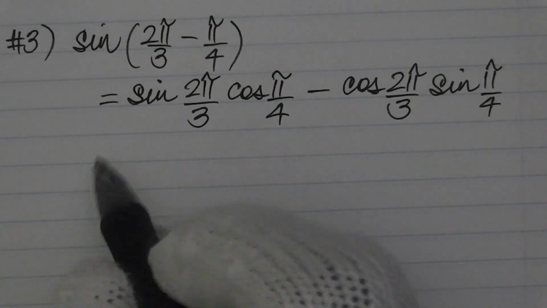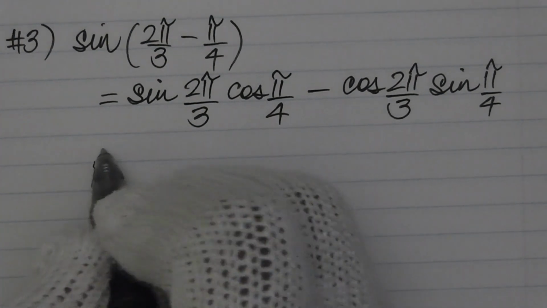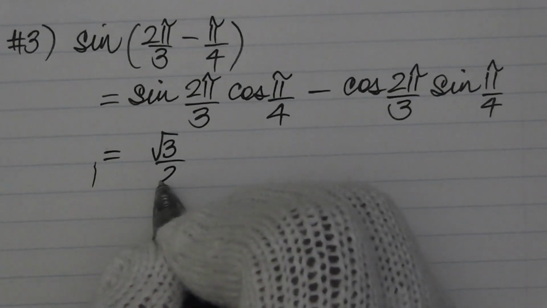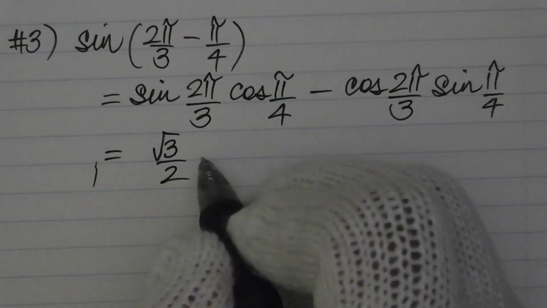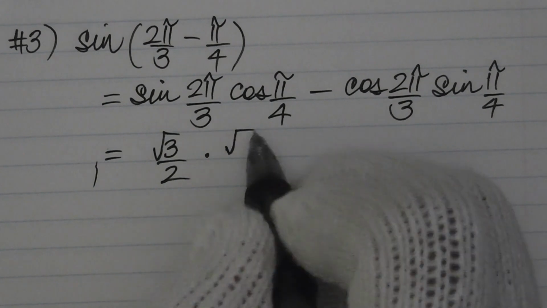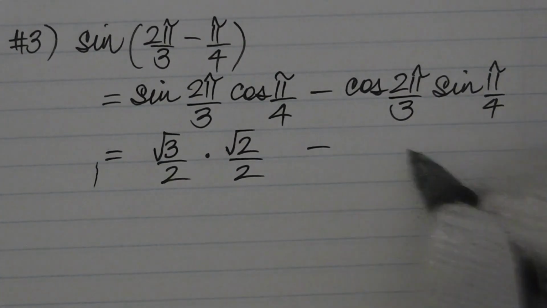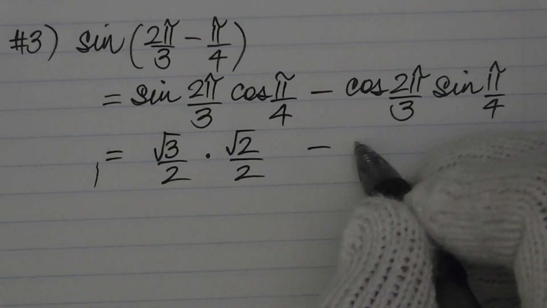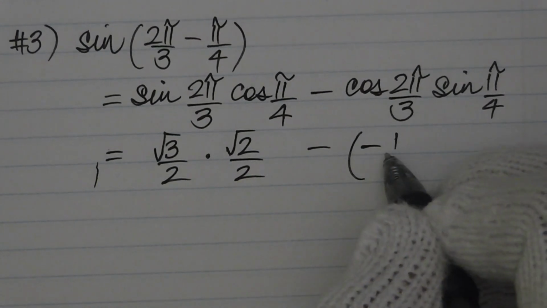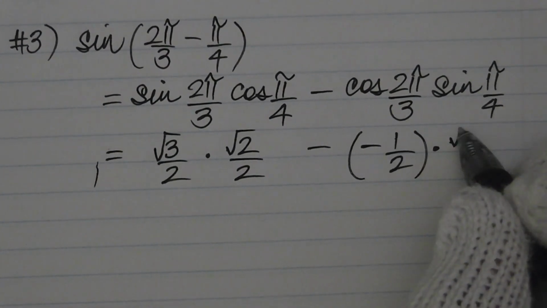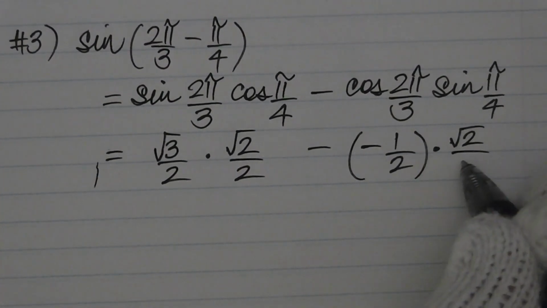Now sine 2 pi over 3 is radical 3 over 2. Cosine pi over 4 is radical 2 over 2. Minus cosine of 2 pi over 3, that's negative a half. Sine of pi over 4, that's radical 2 over 2.